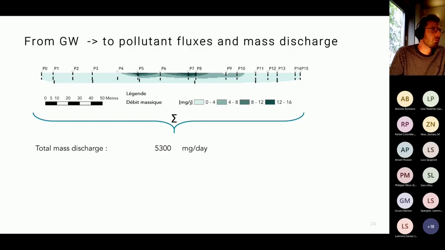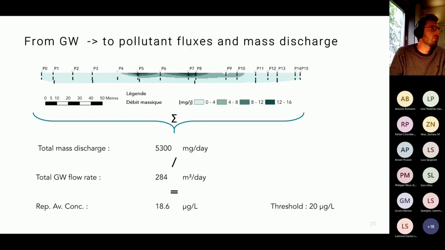Since we have the groundwater fluxes, we can calculate a total groundwater discharge to this control plane. And we can divide the total cadmium mass discharge by the total groundwater discharge. In that case, we end up with what we call a representative average concentration.